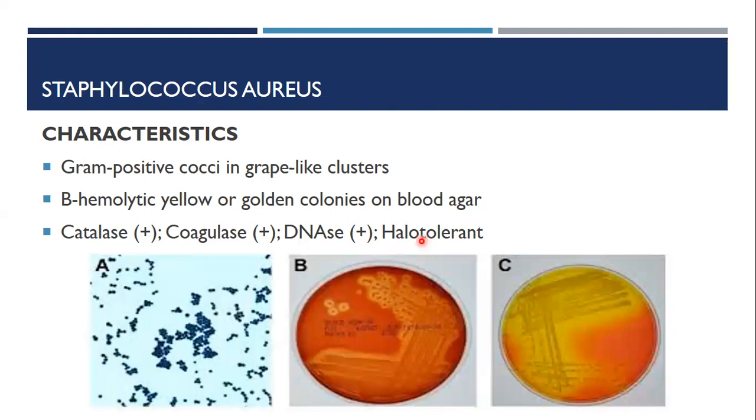It's not inhibited by the presence of salt. Therefore, a culture media that is used to isolate your Staphylococcus aureus should contain salt, for example, your mannitol salt agar, or MSA.